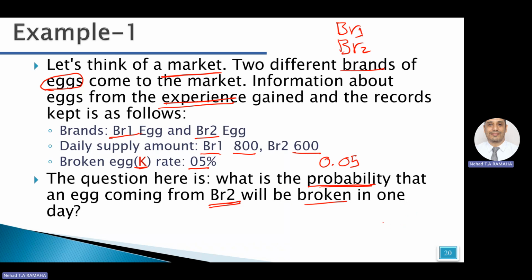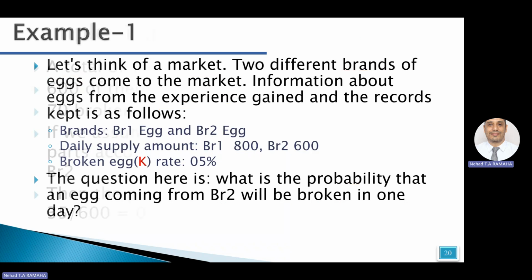Let's use the logic to answer this. Then we can use the general Bayesian rule, not the decision rule, to calculate the posterior probability. This is a question not about classification, it's about posterior probability. We will take examples about classification, but we will simplify this Bayesian rule to use it for classification.